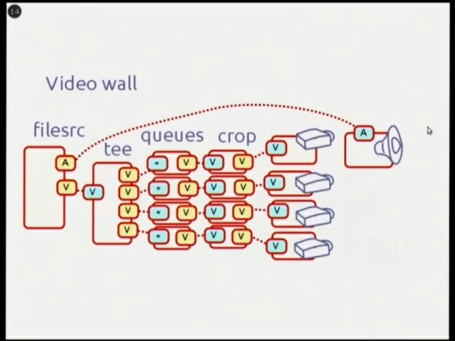So pretend it doesn't say file source, it says decode bin or something. Split it into 4 streams of video, and then I'll talk about the queues soon. And then crop each of those 4 streams to the bit that you need. So you're actually playing the same video on all 4 screens, except with the other 3/4 of it cut out. And then the audio is going all the way around simply down to the end.